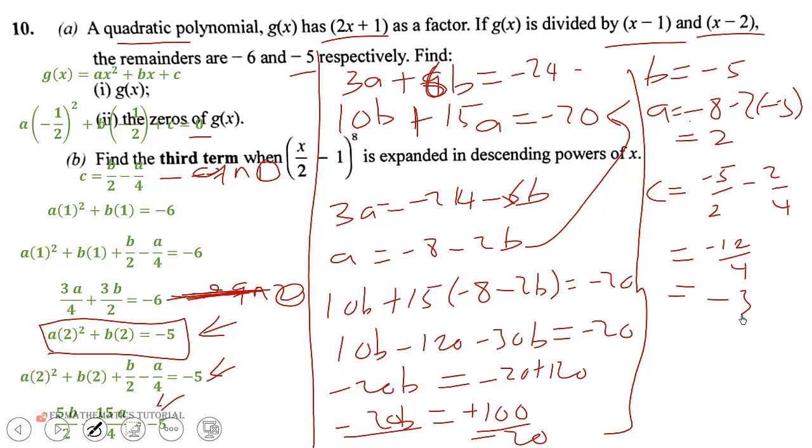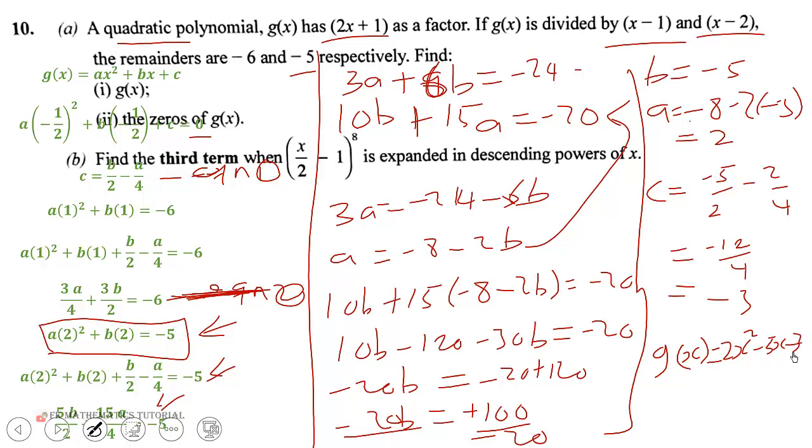So g of x becomes (2x squared minus 5x minus 3).